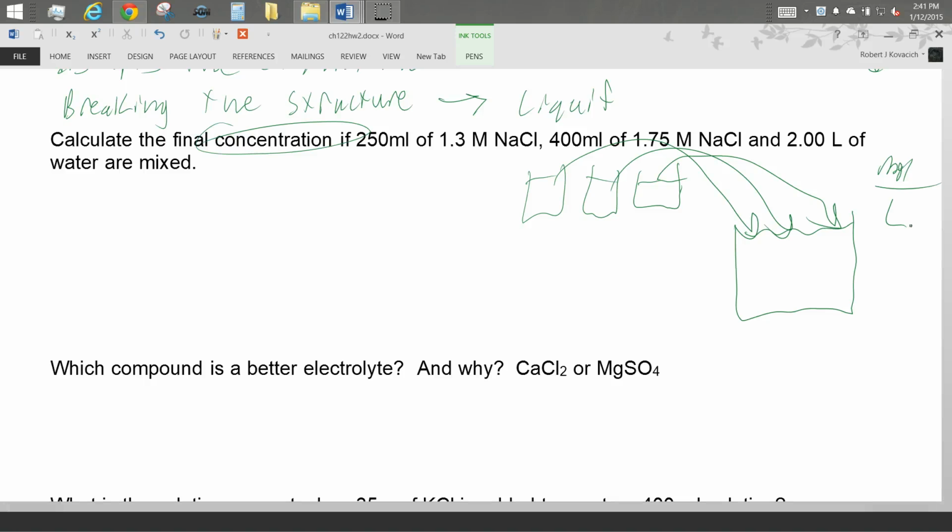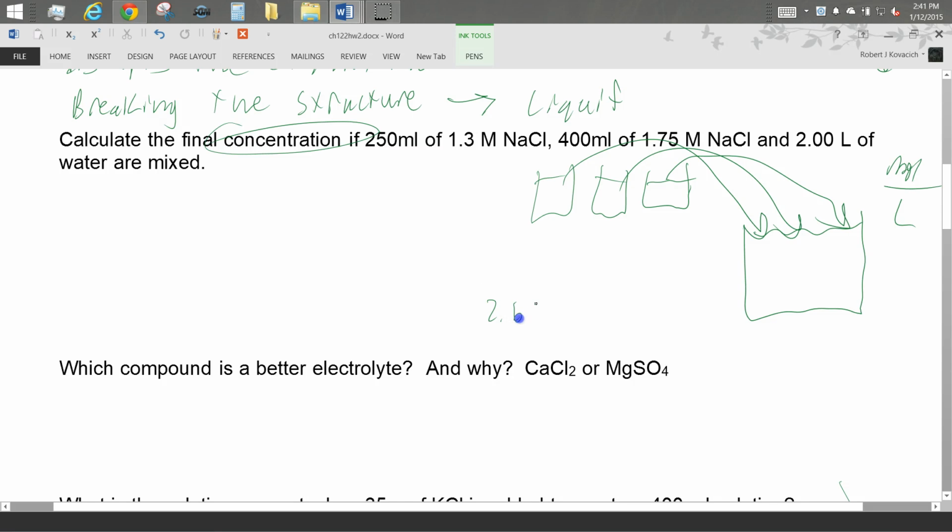So when I dump them all into the same container, I've got 2.65 liters of solution. So there's my total liters. Where did I get that from? In the milliliters, you can read them and add it in. That plus that gives me 2650 milliliters, and so 2.65 liters.